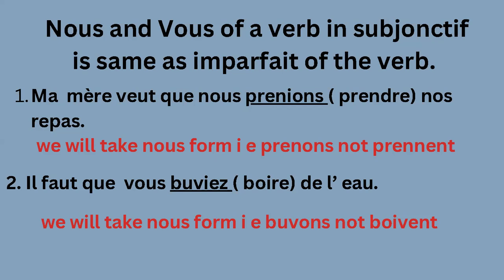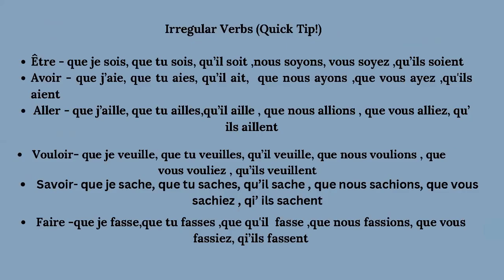Similarly, for the verb boire, my nous form in the present tense is buvons, and as per my rule for the formation of imparfait, I will remove my ONS and I will add my imparfait ending, that is IEZ, just because I have my vous before the blank and I am supposed to use the imparfait of this verb. This is the list of irregular verbs in the subjunctive.